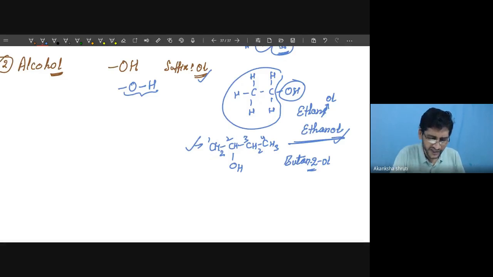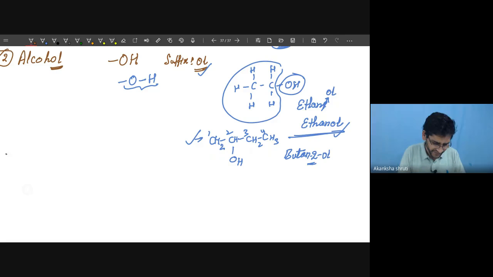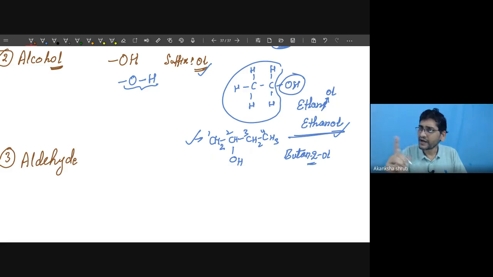Now let us go to the other one, called aldehyde. The third one is our aldehyde. This aldehyde group contains carbon, hydrogen and oxygen, and they are collectively written like this, CHO.